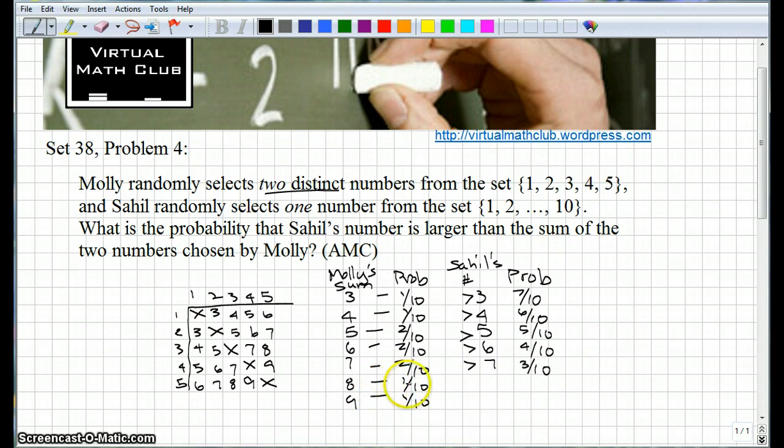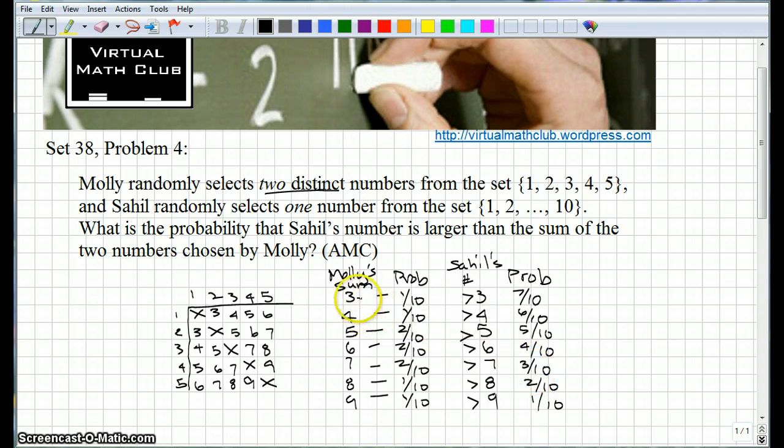If it's 8, there's 2 numbers out of 10 that he could choose. And finally, if Molly's sum is 9, he can only choose 10. So there's only one number that meets that criteria, so 1/10 is the probability.